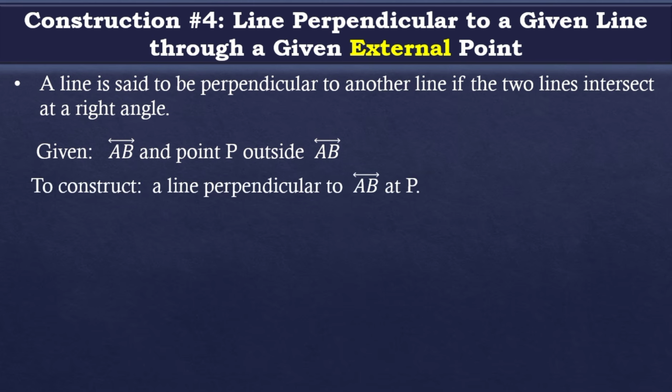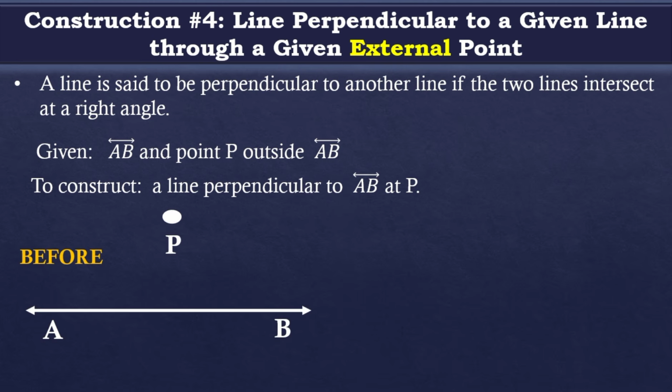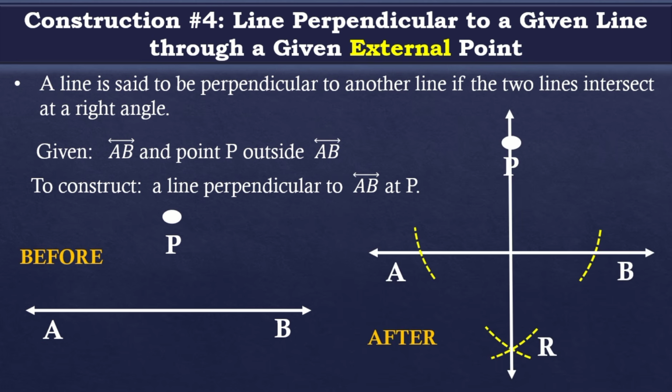So, we are asked to construct a line perpendicular to line AB at P. Pero ang pinagkaiba niya dun sa previous video natin, construction, yung point doon nasa line. Ito, nasa labas siya ng line. Okay? External point. So, ito po yung ating before.